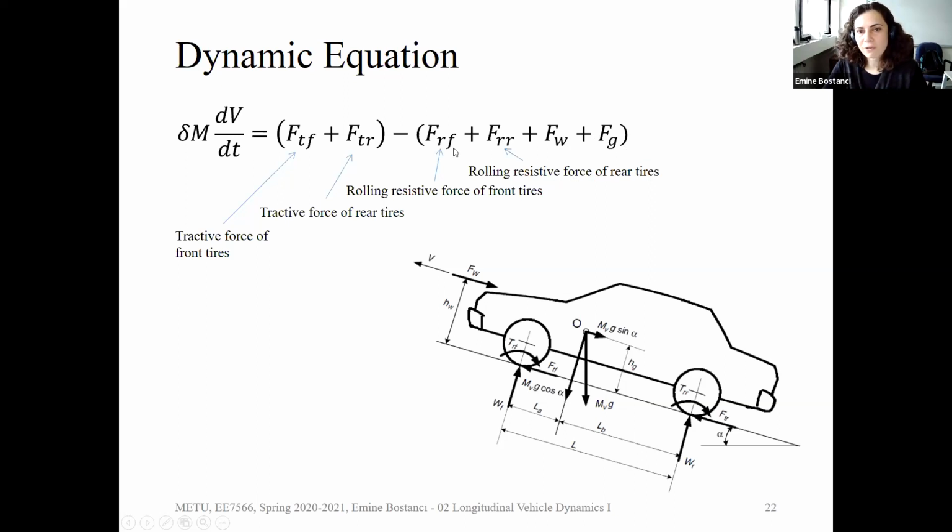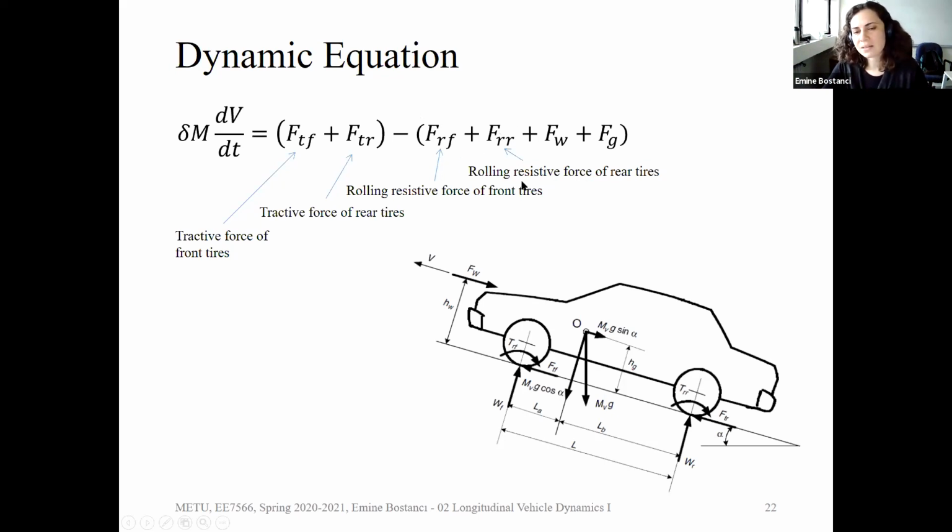In this case, we have also divided the rolling resistance at the front wheels and the rear wheels, because the total weight distribution between the front wheels and the rear wheels can be different. But most probably, in this course, we are going to assume a constant, homogeneous weight distribution between the front wheels and the rear wheels.